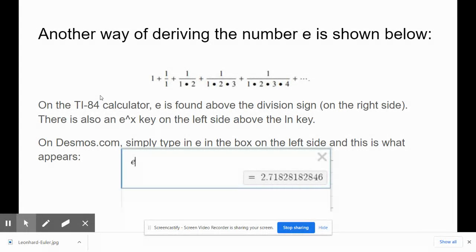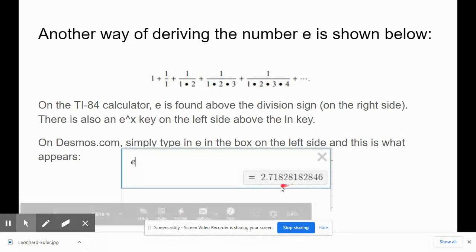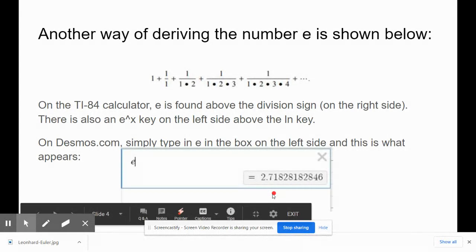But that means that you would have to hit the second key in order to get the value of e. You could just go second and then the division symbol. So that gives you e, and then enter, and it'll tell you the value of e, which is 2.71828182846. By the way, this is one of the questions on the homework, taking e to the 9th decimal place.